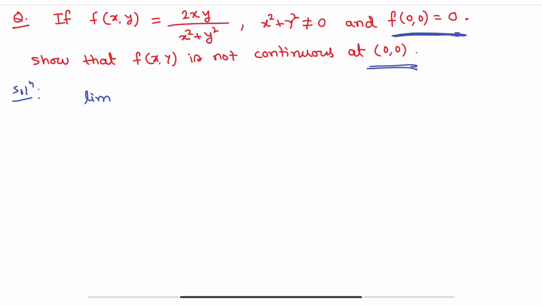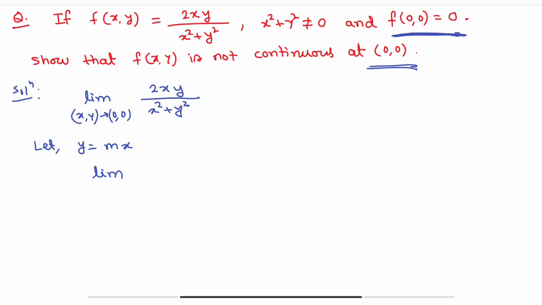The limit as (x, y) tends to (0, 0) of 2xy divided by x square plus y square. We can choose y equals mx, because here the denominator has degree 2 and the numerator degree 1. So let y equal mx.